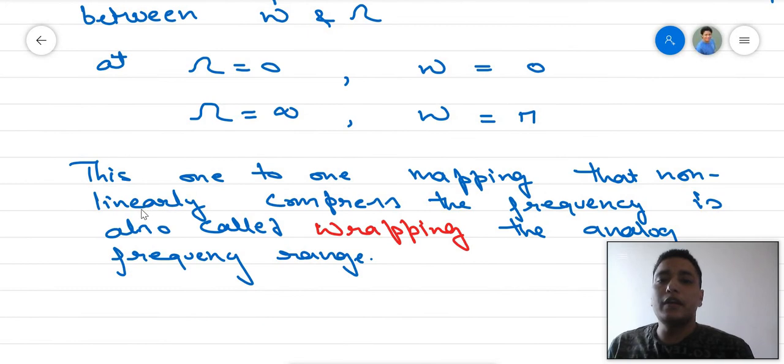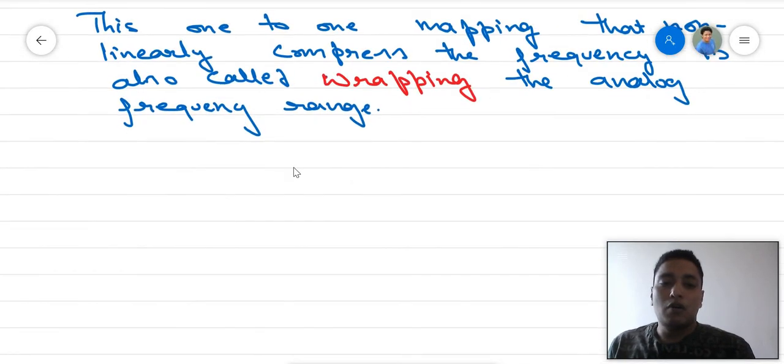Now this non-linearity allows one-to-one mapping between analog frequency and digital frequency. This one-to-one mapping that non-linearly compresses the frequency is also called warping the analog frequency range. So the analog frequency varies from minus infinity to infinity.